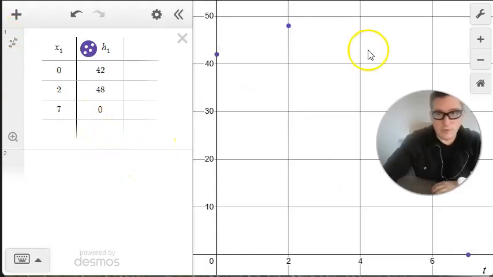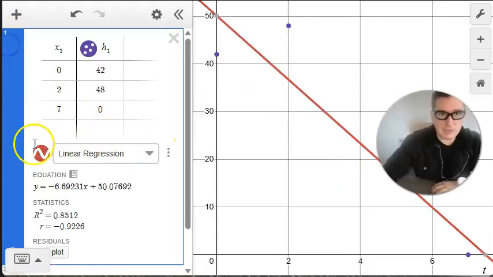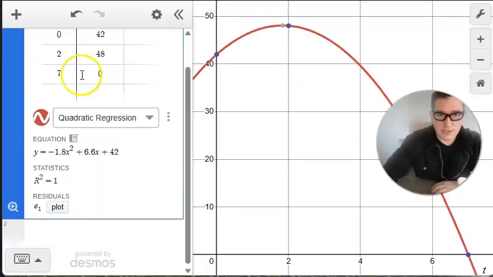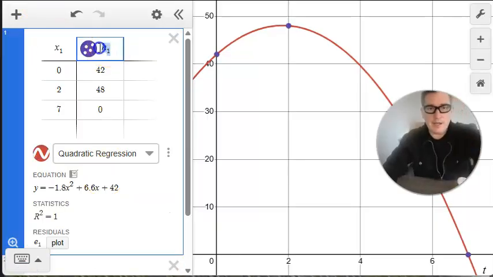Now if you're thinking, oh, this is quadratic, I'm just going to use a quadratic regression, and you go, oh, Mr. Cherry Holmes, there's my A, B, and C. Nope. This is standard form. They gave you the form they wanted. Let's put the form that they wanted in.